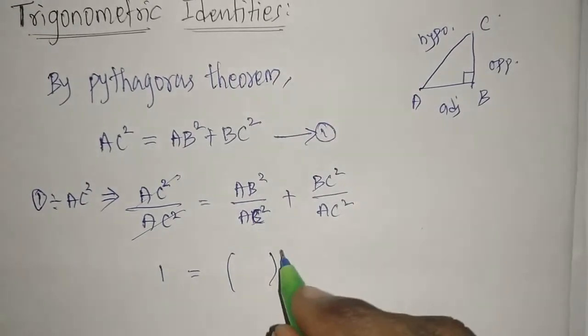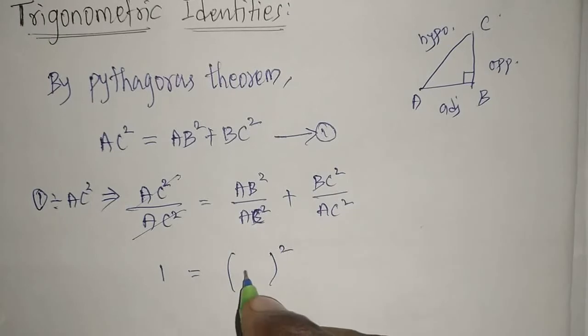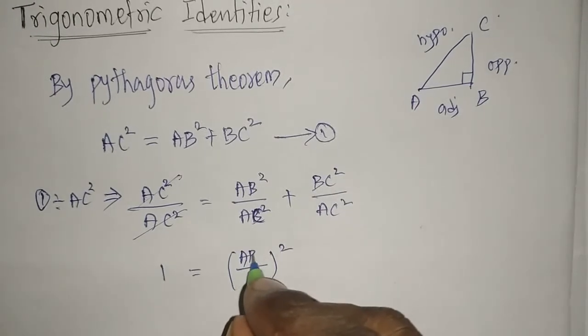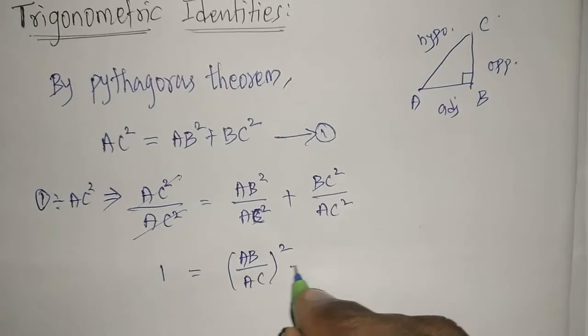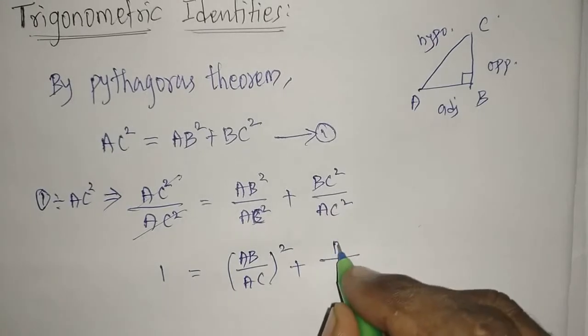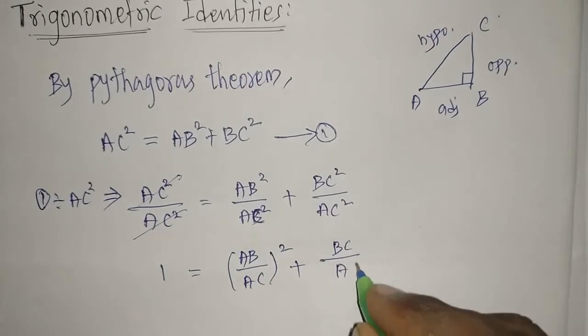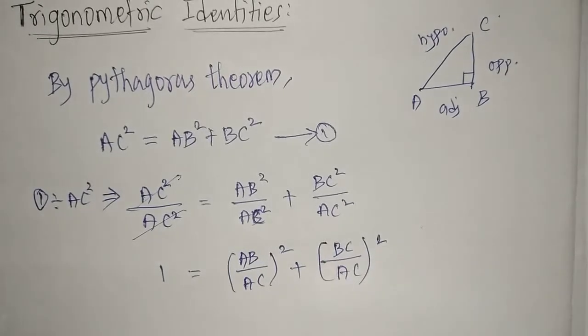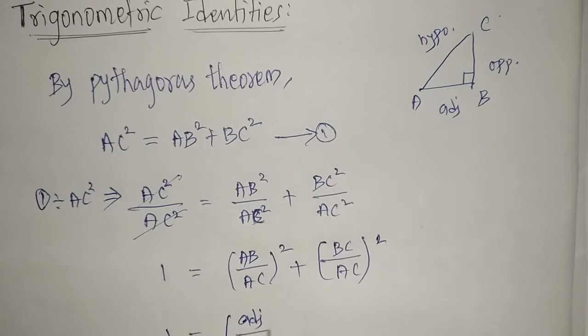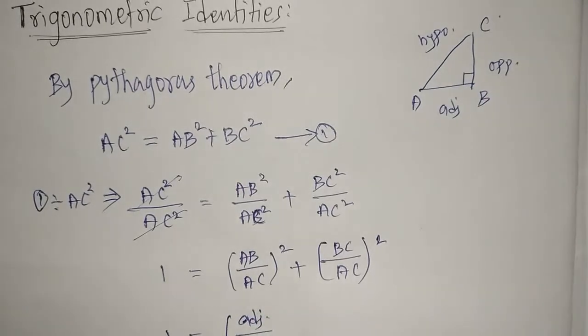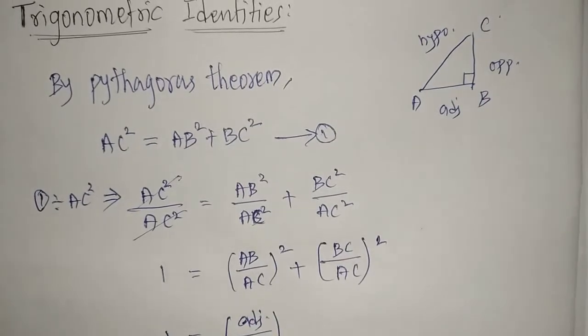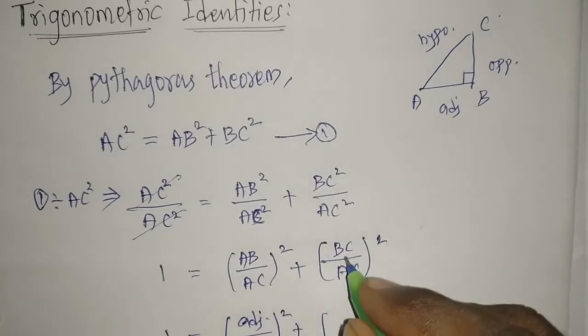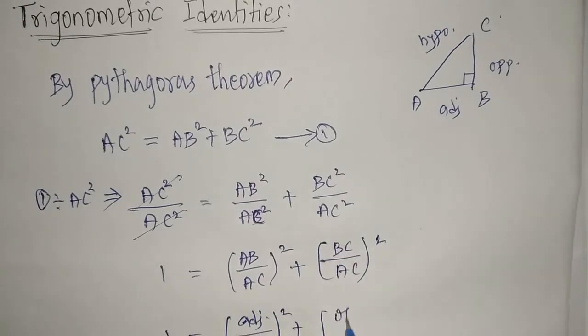Here the square is common for both numerator and denominator. I am writing here AB divided by AC whole square plus, and here also we have the common square, so I am giving it commonly. Now listen carefully. AB, what is that? Adjacent. And AC is the hypotenuse, whole square, and BC is the opposite side.